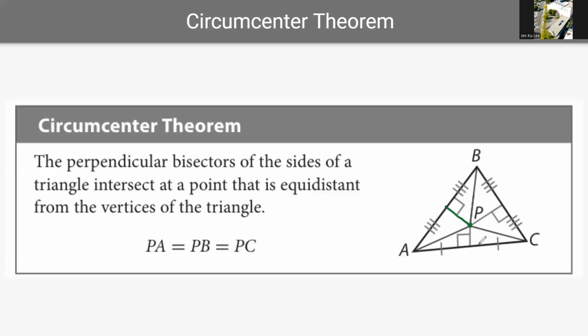This perpendicular bisector, this perpendicular bisector, and this perpendicular bisector all meet at point P. Okay, if we have that, then we know that PA is congruent to PB and is congruent to PC. Okay? So that point going to all the points of the triangle are congruent. All right?